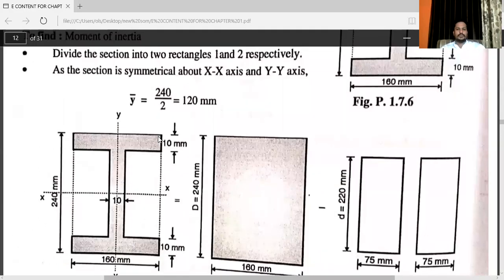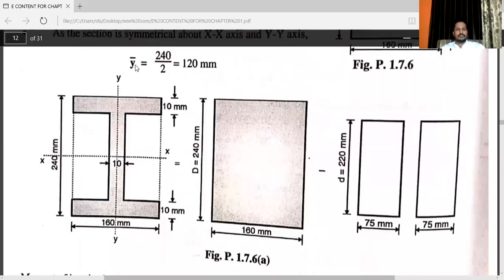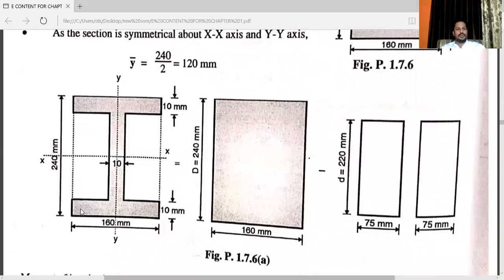So, what will be the Y bar? If you are considering the total depth as 240 mm and this is the baseline, and if you are considering the baseline as the horizontal axis, then from the baseline the Y bar will be 240 divided by 2, that is 120 mm.